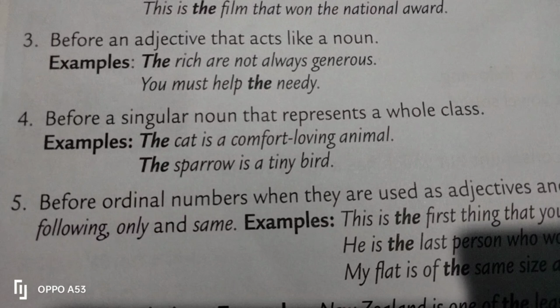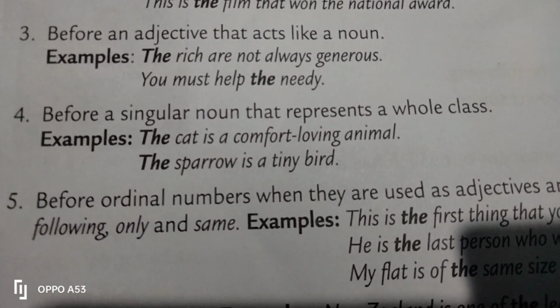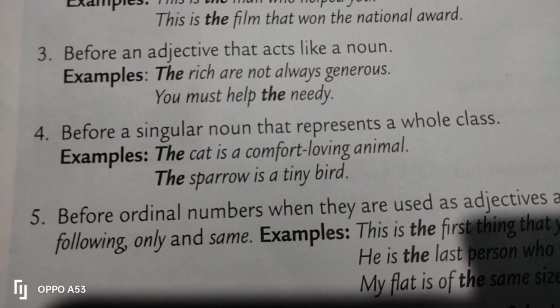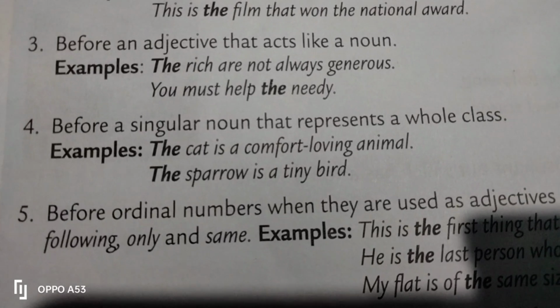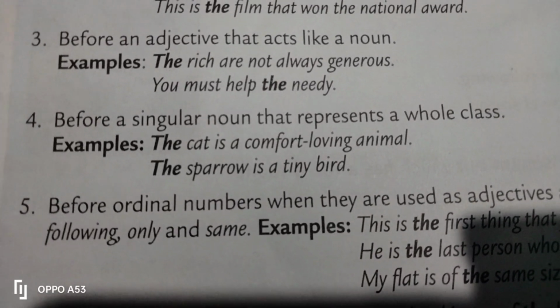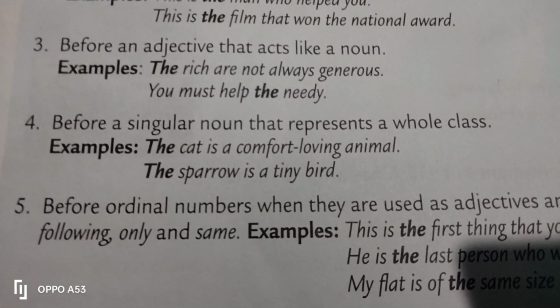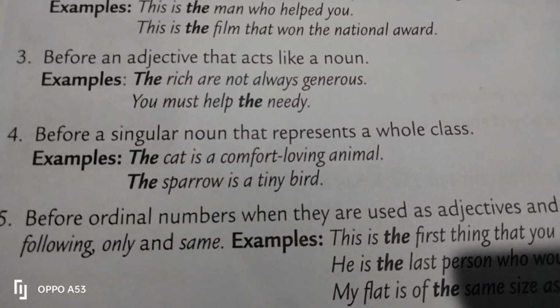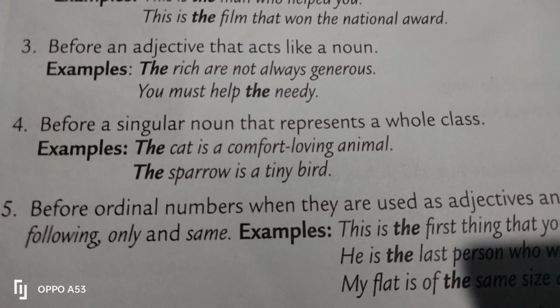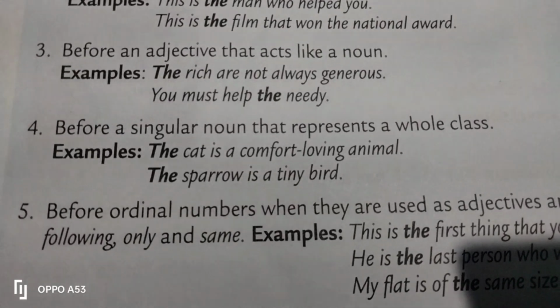Before a singular noun that represents a whole class. There is a singular noun that represents the whole class. That could be, for example, the word cat, a common noun. It is representing all types of cat.